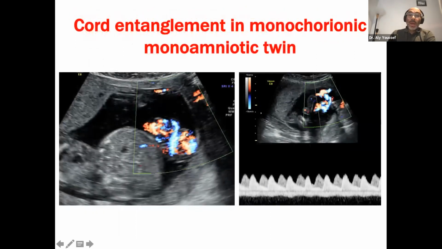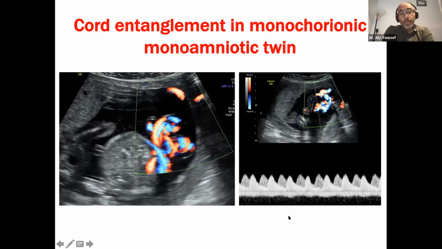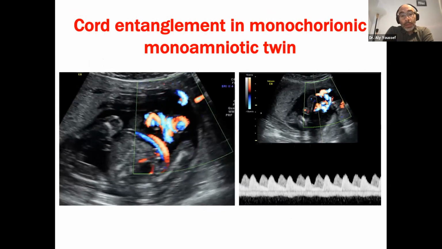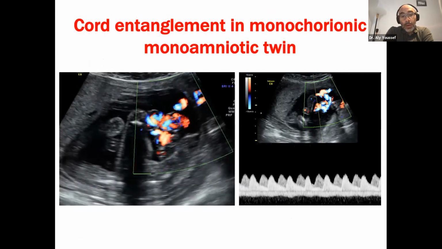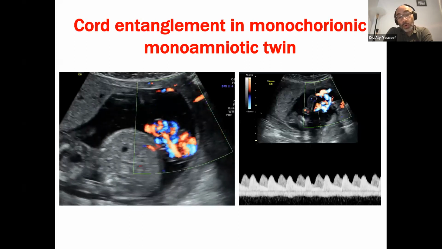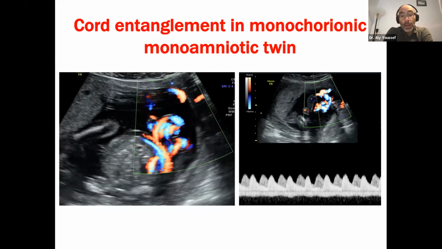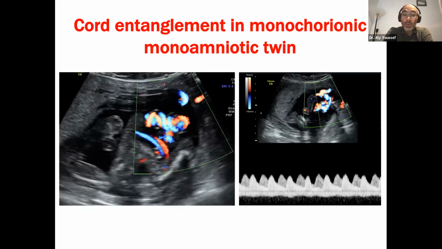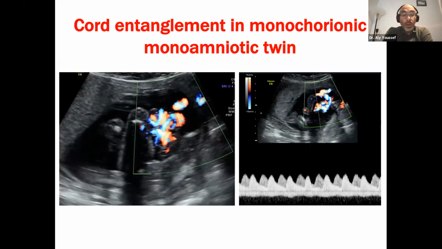So one aspect which is quite interesting in the case of monoamniotic twin pregnancy, so in case of monochorionic monoamniotic twin pregnancy, is the aspect of cord entanglement. Okay?